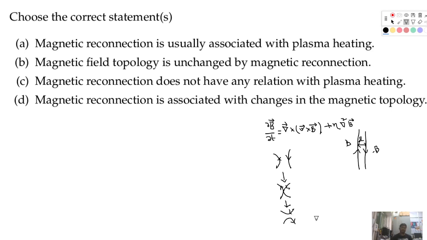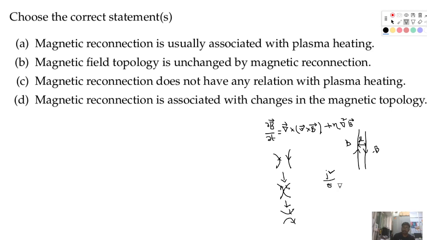Now the implication is that the stored magnetic energy can be transformed to heating energy due to ohmic dissipation. How does ohmic dissipation occur? You have J, which is your current density, and J squared over sigma gives you the ohmic dissipation, which gives plasma heating.